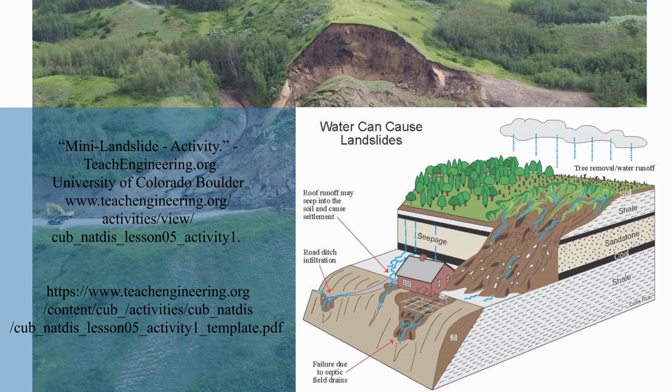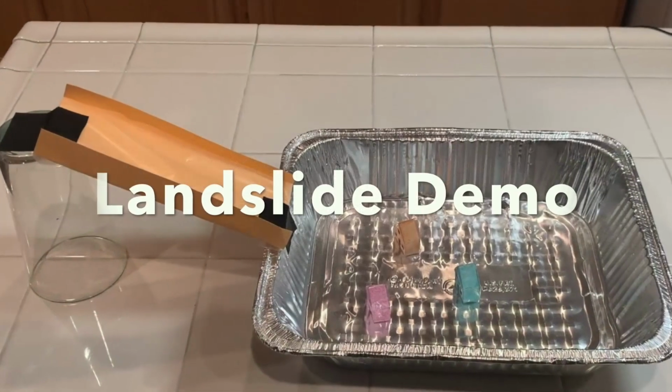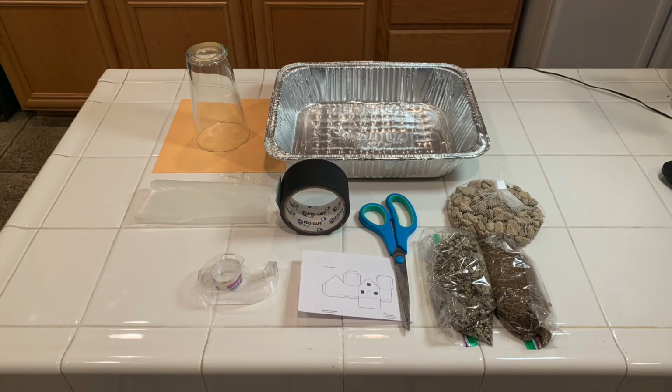As Diana mentioned at the beginning of the video, now is the time to grab your supplies if you'd like to follow along, pausing where needed. It's time for the landslide demo. First, let's talk about the materials you need to recreate this demo at home. All of these items can be found at stores like Target or the Dollar Tree if they aren't available in your home already. First, you'll need 2 cups. Then, a piece of cardstock or cardboard.